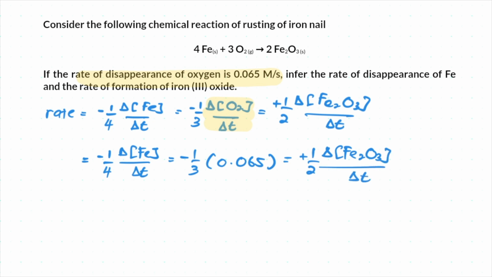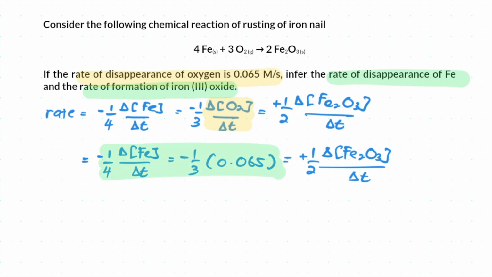So this question can be divided into two. You were asked to infer the rate of disappearance of Fe and also the rate of formation of iron trioxide. So we are going to discuss the rate of disappearance of Fe beforehand.